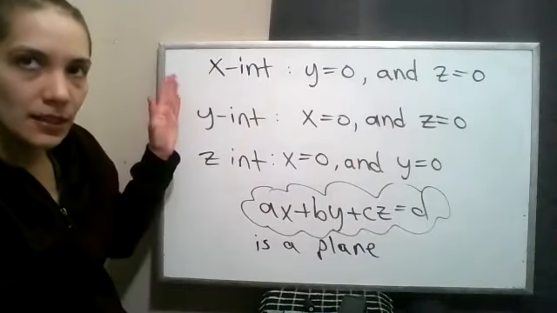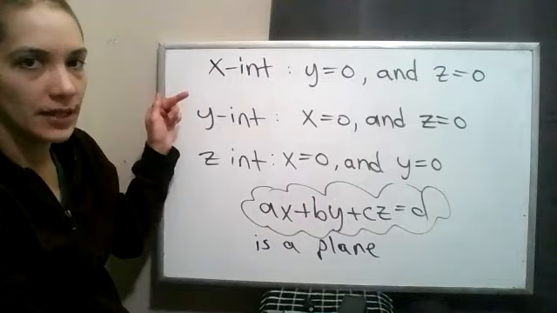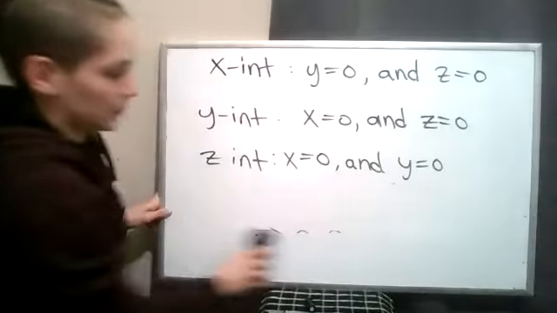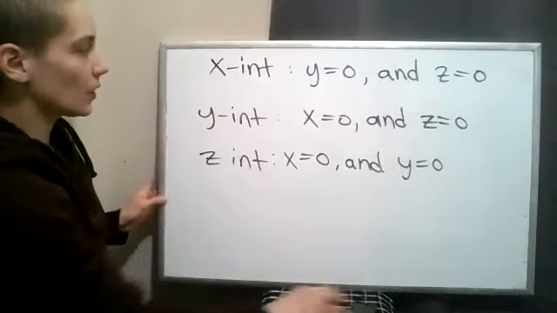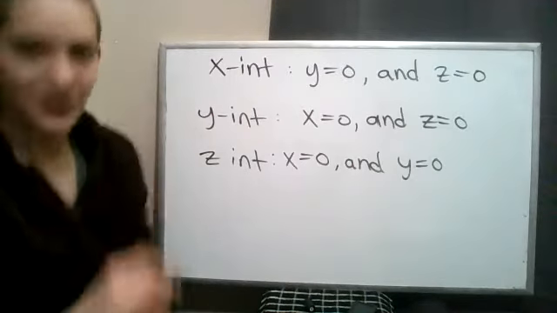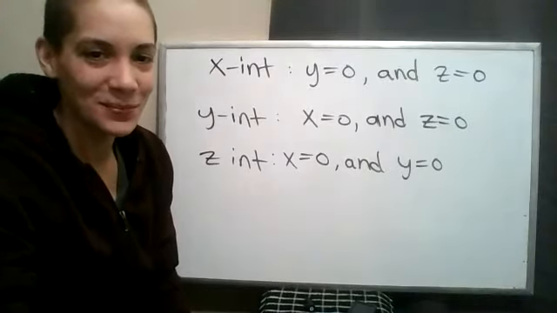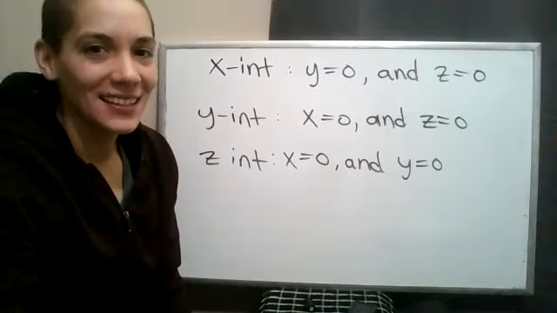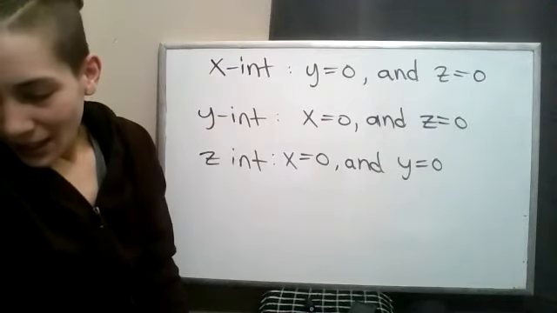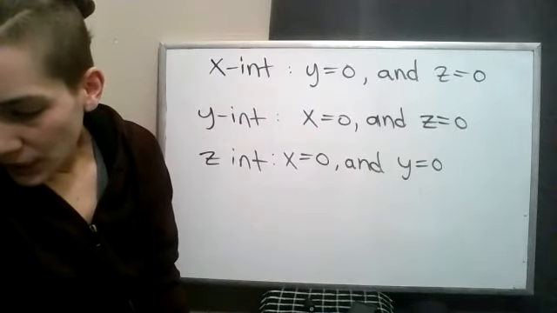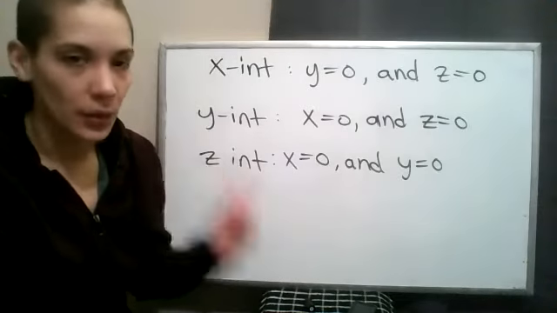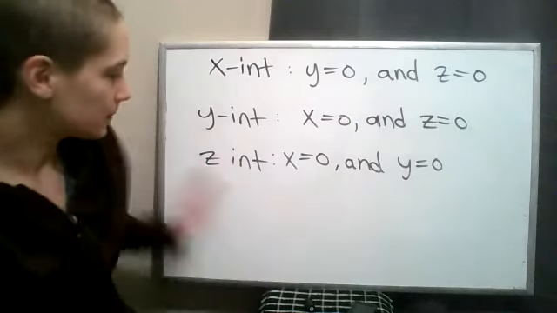Then let's talk about having one intercept. By the way, first, we're going to say that a plane has less than 3 intercepts when one or more of the coefficients equals 0.